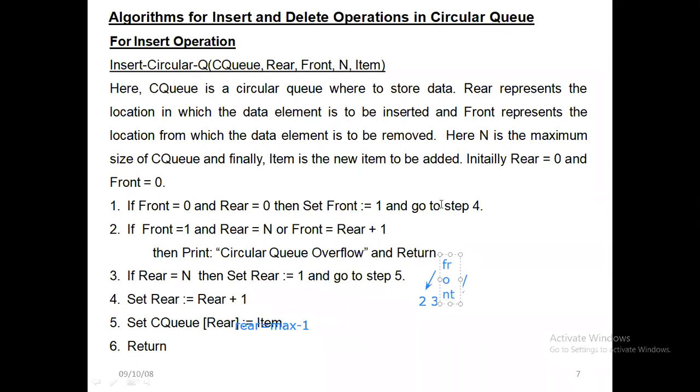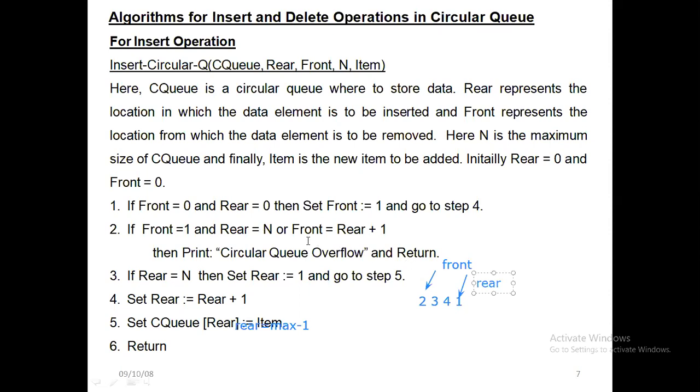So this is the front, and this is the rear. So it is 1, it is n. For example, n is equal to 4. So initially front is at 1 and rear is at 4. So if front is equal to 1 and rear is equal to n, then the queue is overflow. I can't insert anything, so that you can tell.